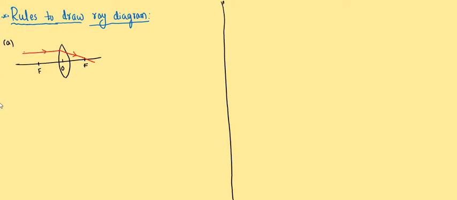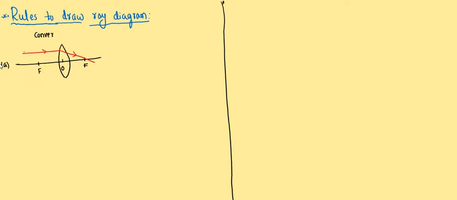How will it be in case of a concave lens? The same rule for the concave lens, how will it be? This is the first diagram I am going to explain. For A, this is for the convex lens.